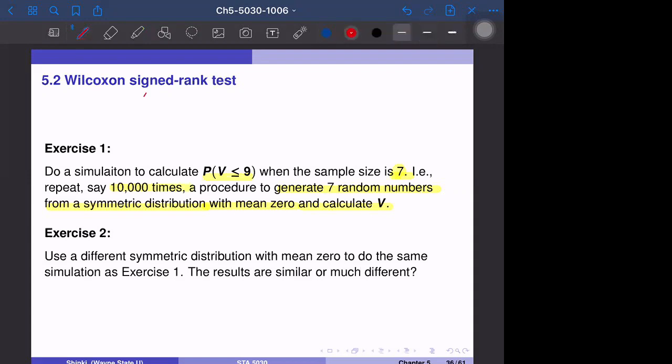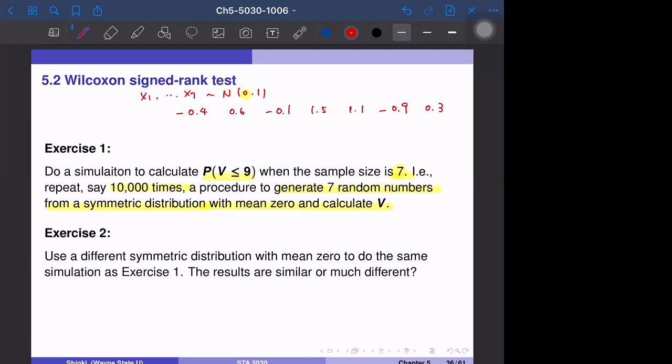For example, suppose x1 to x7 follow normal 0, 1, which is symmetric around 0. Maybe the 7 random numbers are negative 0.4, positive 0.6, negative 0.1, positive 1.5, positive 1.1, negative 0.9, and positive 0.3. What are the ranks of these observations?